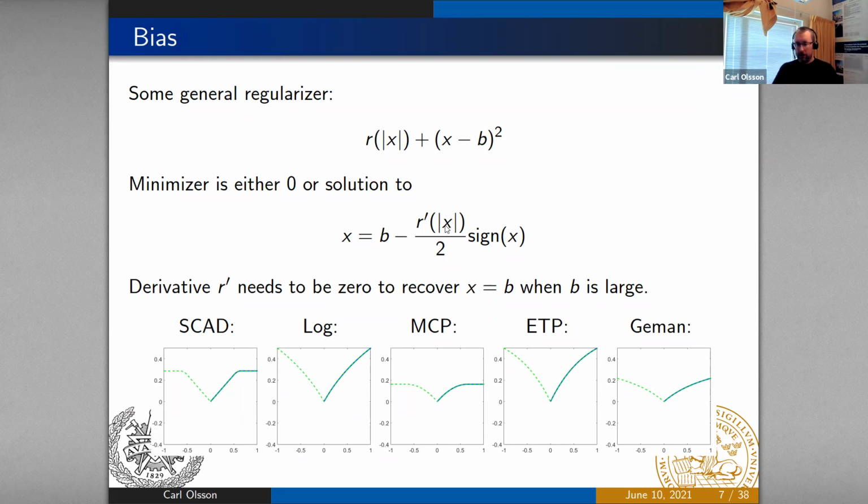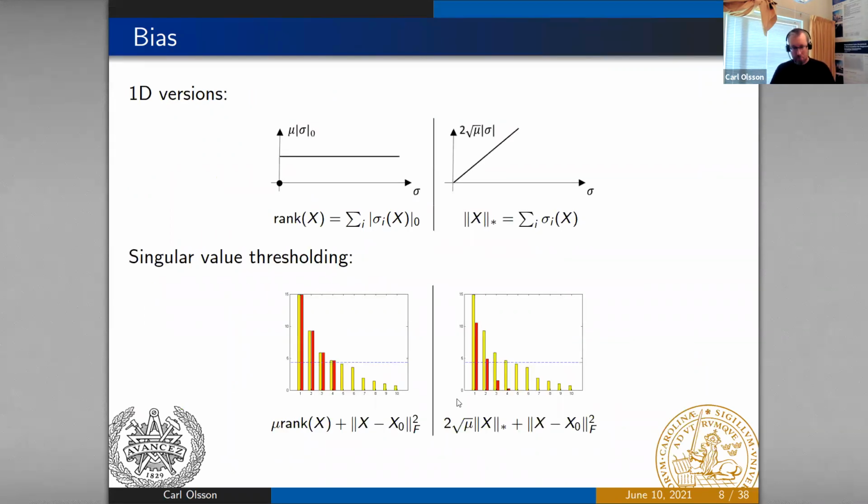So when I have a large x here, I would like the derivative to be 0. Then I won't get any shrinking of this b that I'm trying to recover. So this is what's led to all of these non-convex approaches to regularization, I would say.